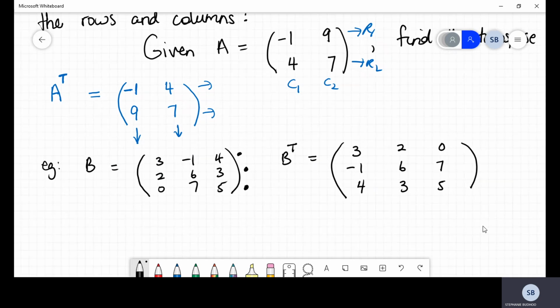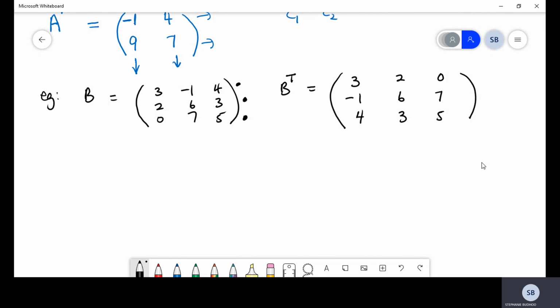For example, some common properties that you should know in matrices are, 1, if you were to transpose a matrix, and then after transposing a matrix, you were to transpose it again, guess what happens?